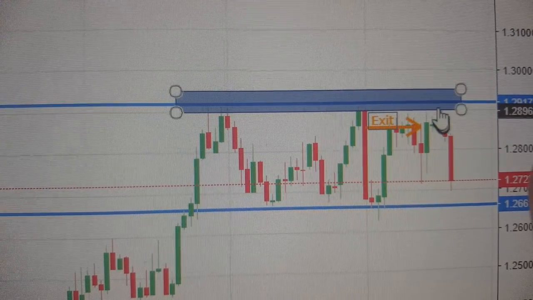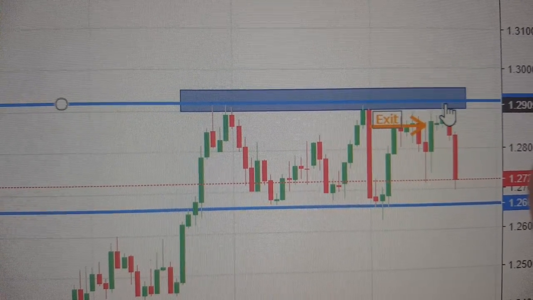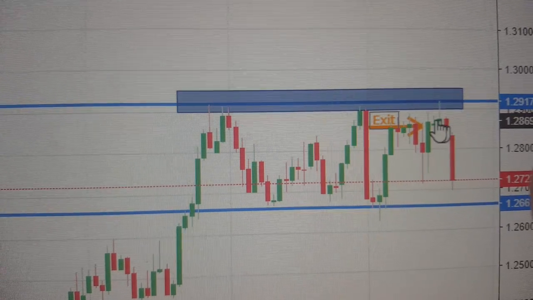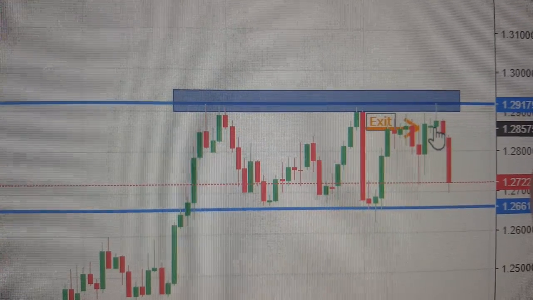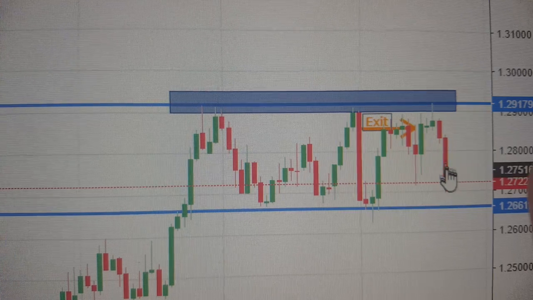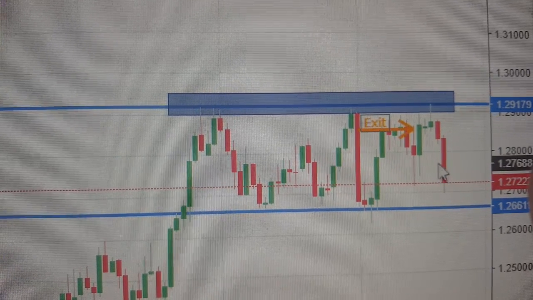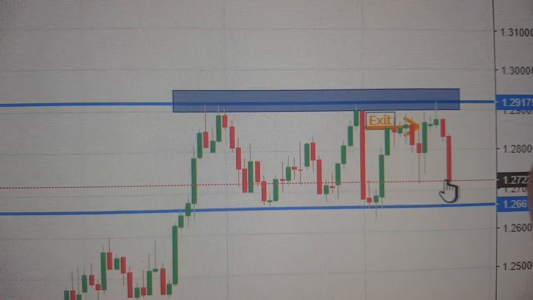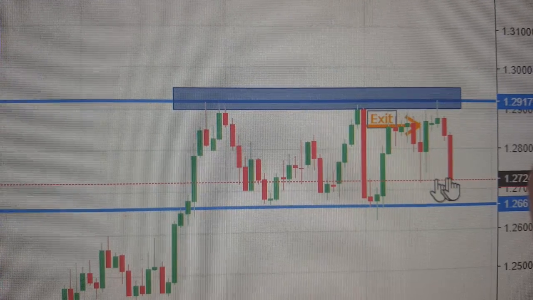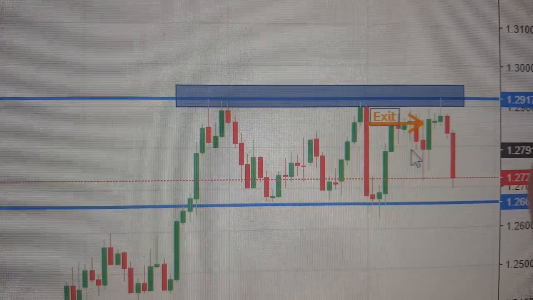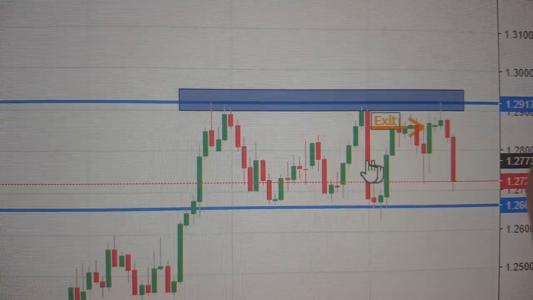Though granted, I wasn't able to exit around that resistance level, but I'll leave some money on the table. That's fine with me, because today, if I did not exit yet, I would probably be back to just break even with no profits at all. So I made a decent profit from that trade.